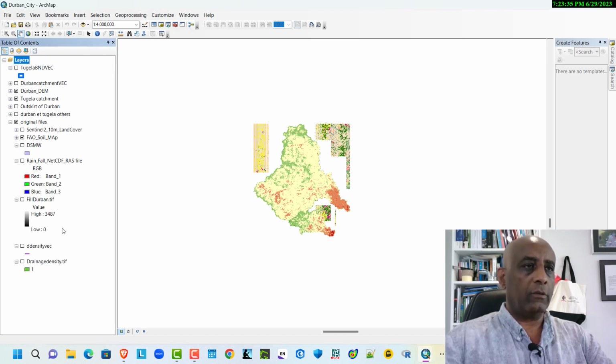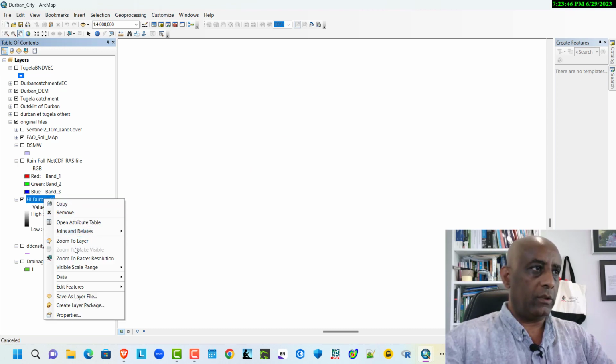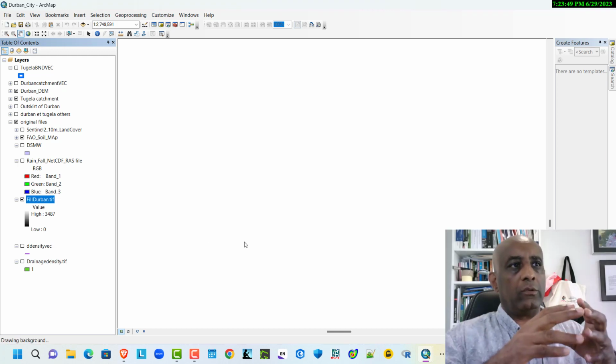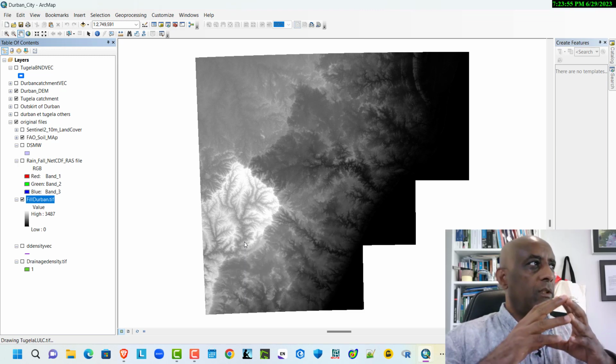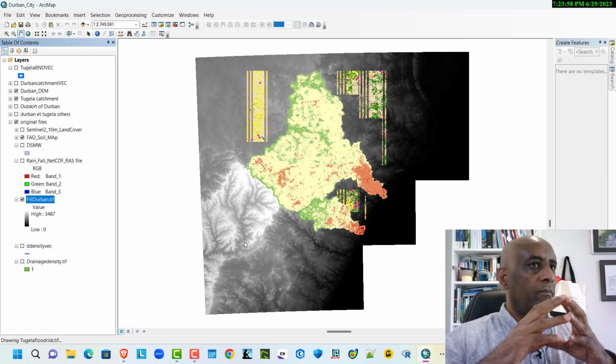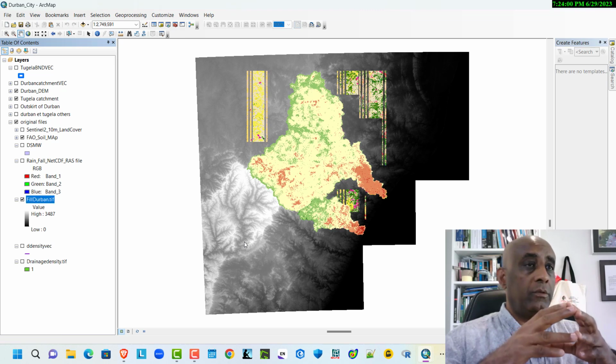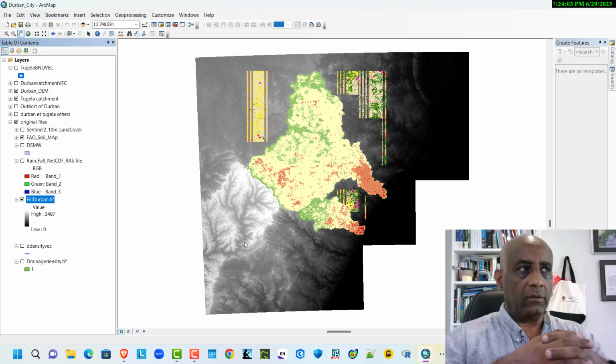First of all, we need to have data of a digital elevation model. From the digital elevation model, we can calculate the slope, we can calculate the drainage density, and do the elevation analysis. Before we analyze the digital elevation model for hydrological analysis, there are processes.